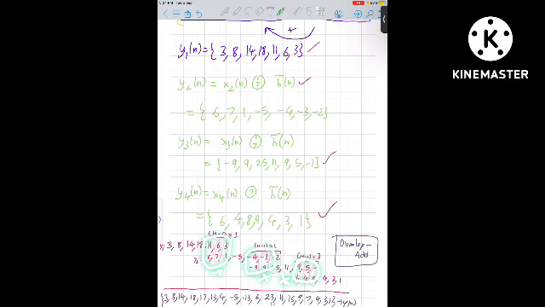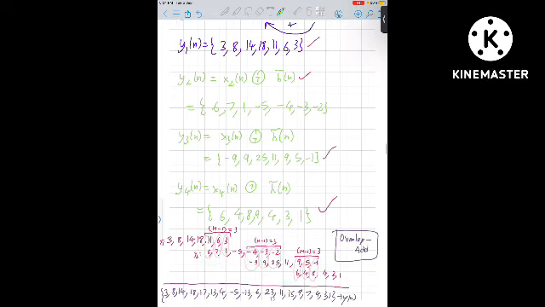So this is the final output y of n, which we have done using the overlap add method. Okay, so you can verify this by the long method also.